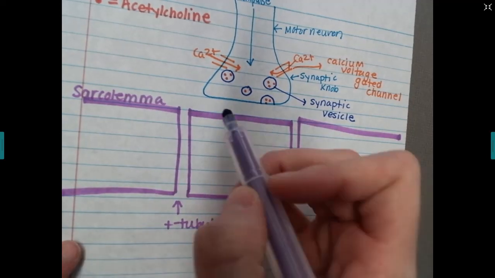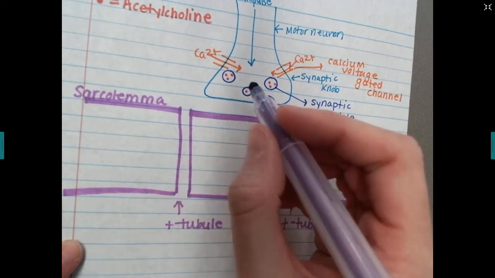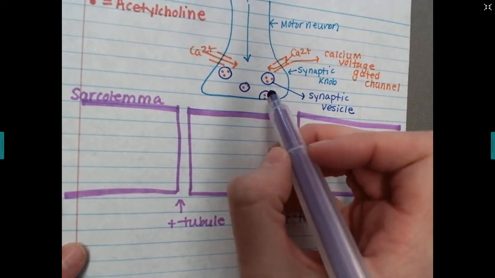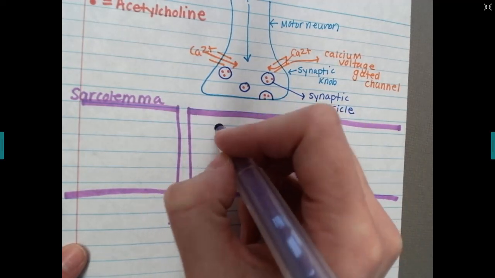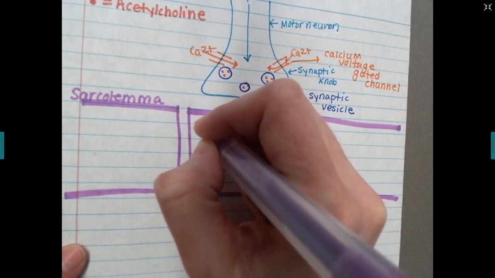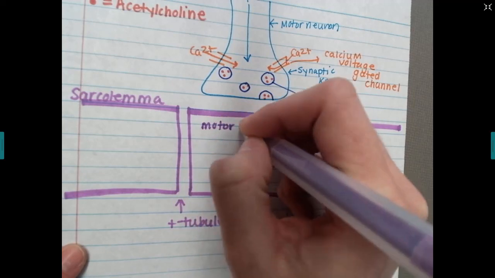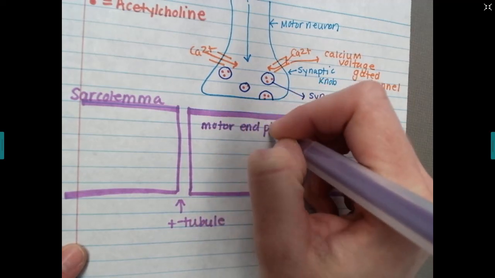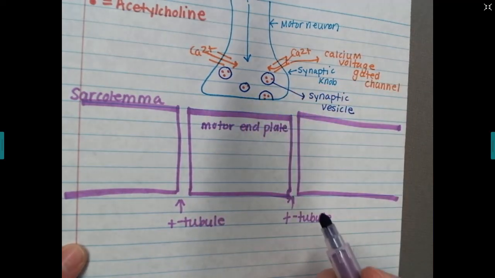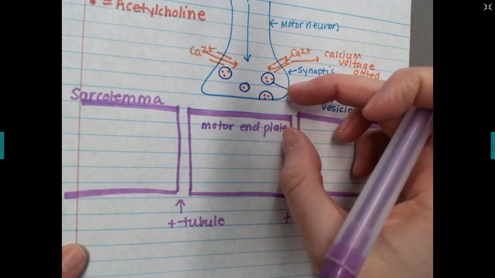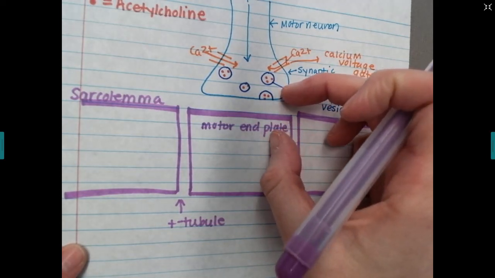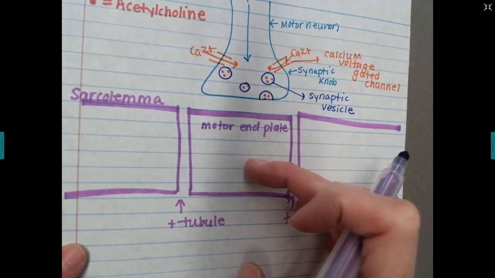All right, now the specific area of the sarcolemma where the synaptic knob connects to the sarcolemma is called the motor end plate. Okay, so the motor end plate, again, is this specialized section of the sarcolemma where the motor neuron connects to the sarcolemma.